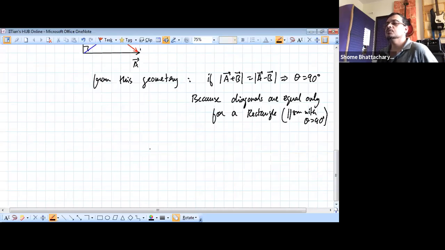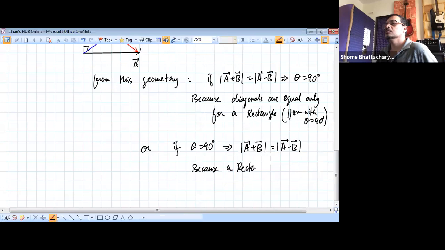That also means if theta is equal to 90 degrees, it automatically implies that mod A plus B is equal to mod A minus B, because a rectangle definitely has equal diagonals.